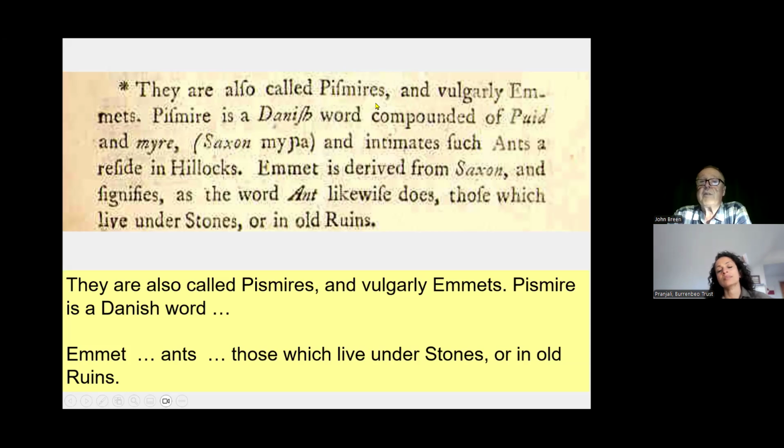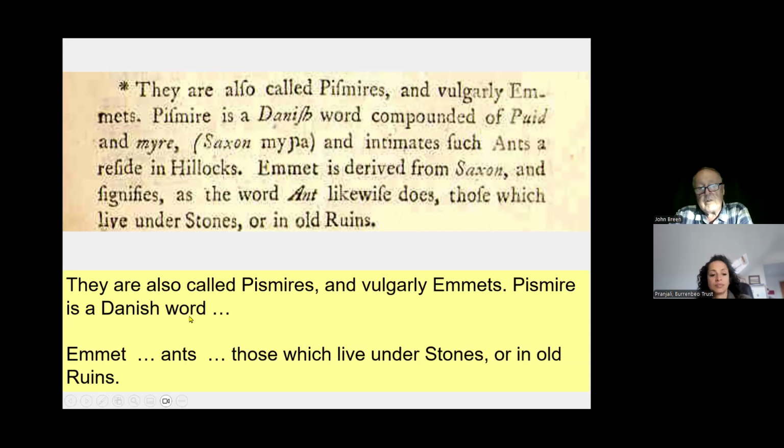So pissing ant. And I told you earlier on that they squirt formic acid. Wood ants do squirt formic acid, and I've had it in my eye a few times. When you get a squirt of formic acid in your eye, you sit down for about 15 minutes while your eye comes back. So they're also called pismires and vulgarly emmets.